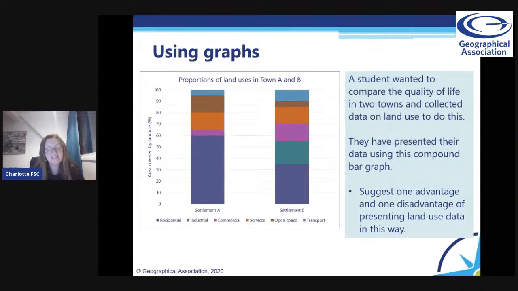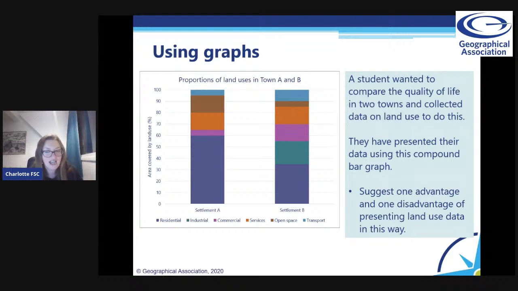So here, your critical thinking and your evaluative skills will be needed. So here's the question and the scenario. A student wanted to compare the quality of life in 2 towns and collected data on land use to do this. They have presented their data using this compound bar graph. Your task is to suggest one advantage and one disadvantage of presenting land use data in this way.